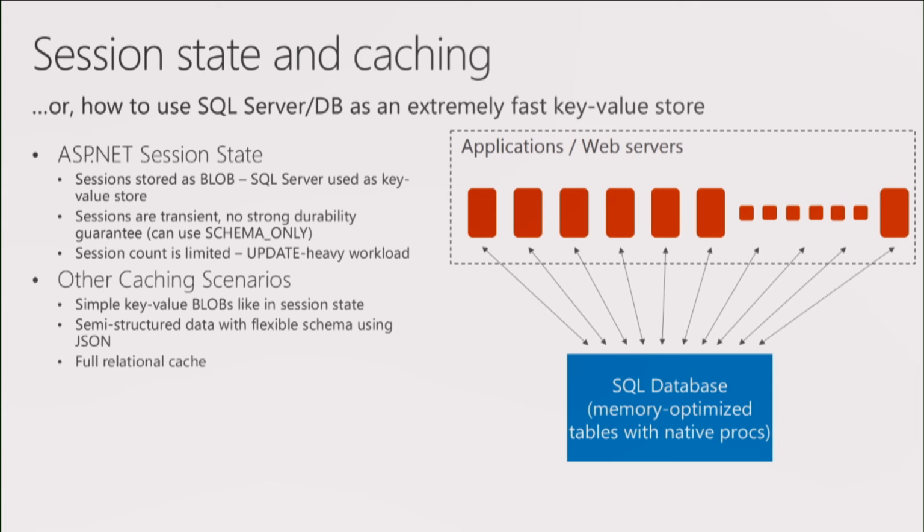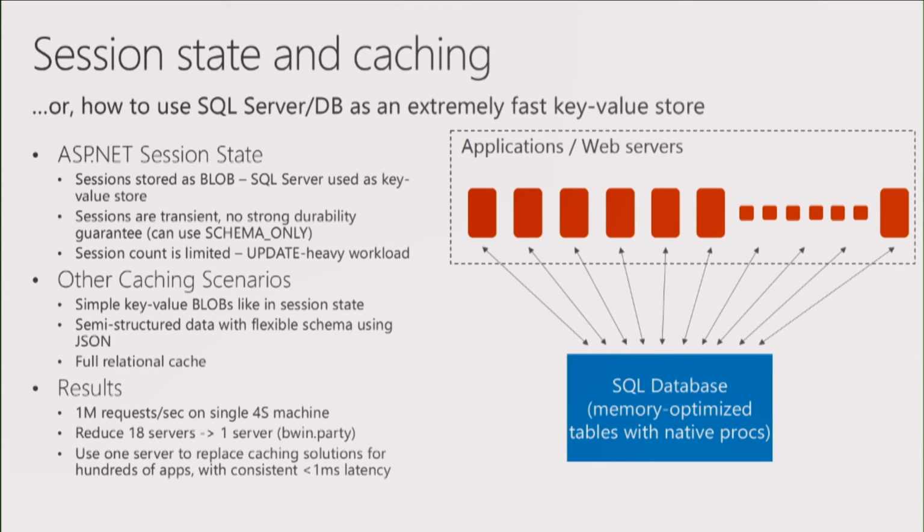You have your apps or your web servers that are interacting with the SQL database. And this one has memory-optimized tables for the cache items. Usually for just blobs, you would have an integer or GUID identifier with then a blob column, so a varbinary(max) column for the actual data. And you use native compilation to make the cache lookups fast.